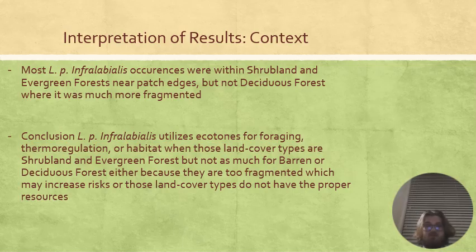Why might this be? The conclusion may be that Infralabialis utilizes ecotones for foraging, thermoregulation, or habitat, or a combination of all three, or even more, when those land cover types are shrubland and evergreen forests, but not so much for barren or deciduous forests, either because they are too fragmented, which may increase risks such as predation, since they are at the edge of the land cover types, or those land cover types do not have the proper resources, such as barren not having enough logs, rocks, or crevices for them to inhabit, which they prefer to.